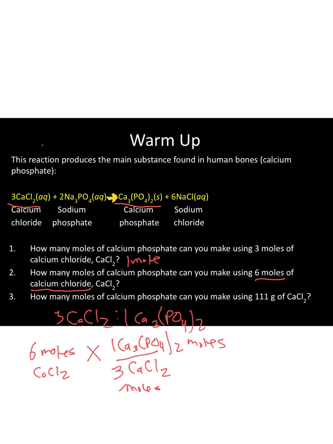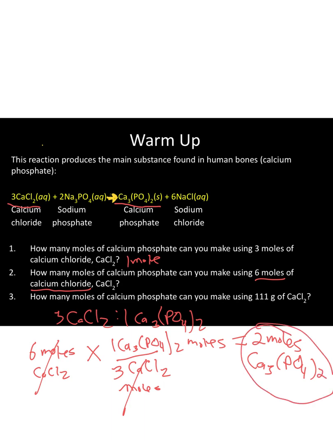I'm going to cancel out the moles of calcium chloride, and then I'll do the math part. 6 times 1 divided by 3 is going to equal 2 moles of calcium phosphate. Make sure you write what your product is in your answer, and circle it. All right, so we have 2 moles that goes there.